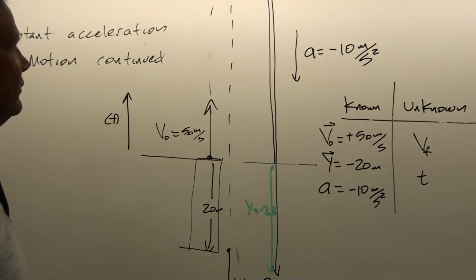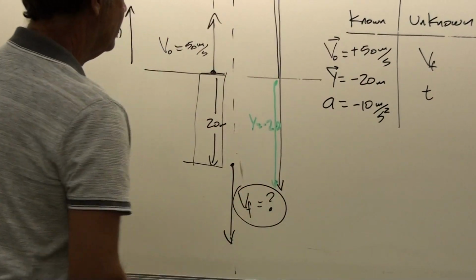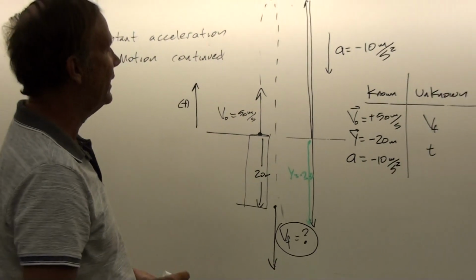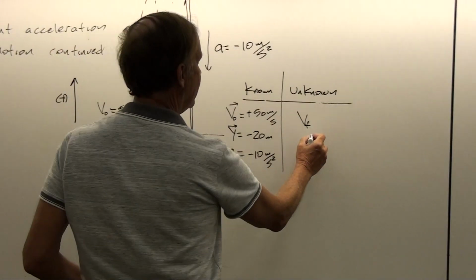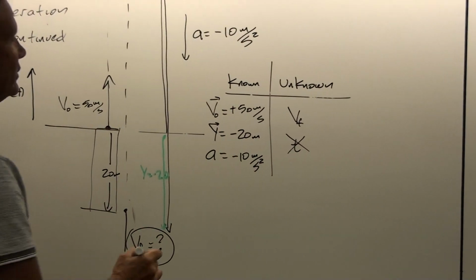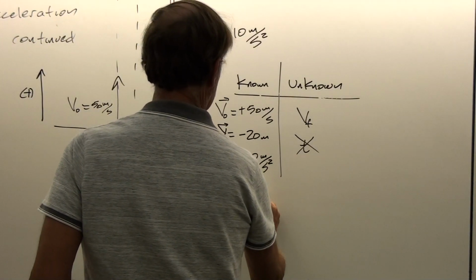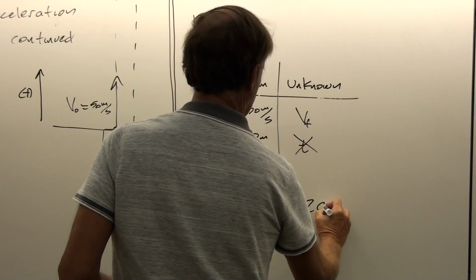Okay, and so if we want to proceed then to find v final, the velocity at this point where it's 20 meters below the height from which it is released, we can eliminate all the equations involving the time, check your list of those 4 equations. What you'll see is that the remaining equation is v final squared equals v initial squared plus 2ay.